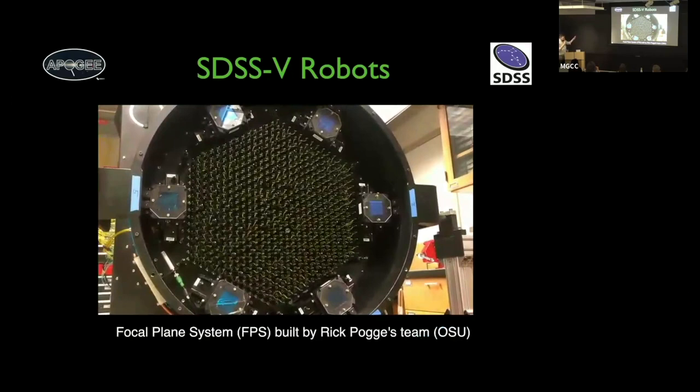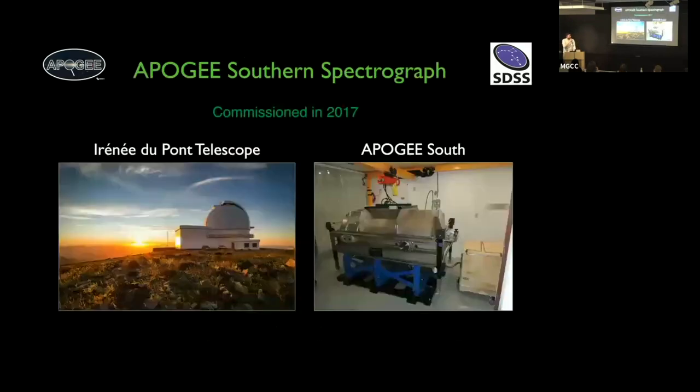So we'll be mowing the sky and getting high resolution infrared spectra of millions of stars. APOGEE started at APO back in 2011, and in 2017, we commissioned a copy in the Southern Hemisphere at LCO. This was really exciting for me because I wanted to study the Magellanic Clouds.